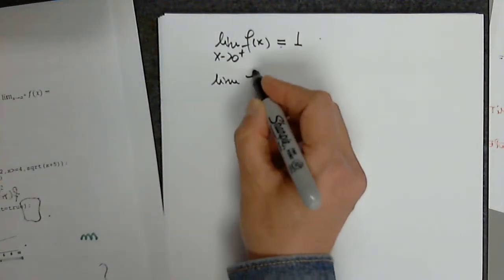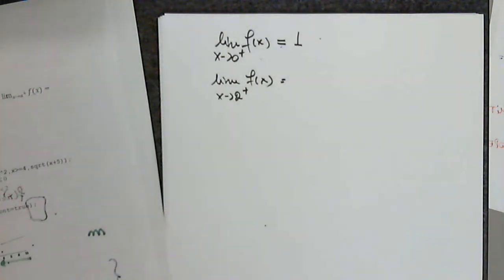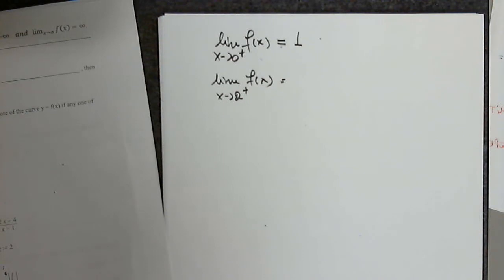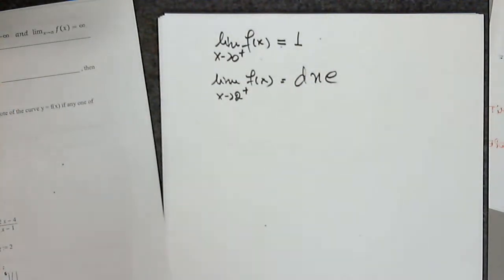Limit of f of x as x approaches 2 from the right. Can you please read 2 from the right? Stop me if you have questions. The limit of f of x as x approaches 2 from the right. Say it again. Excellent. The function doesn't have a graph. It is not even defined there.